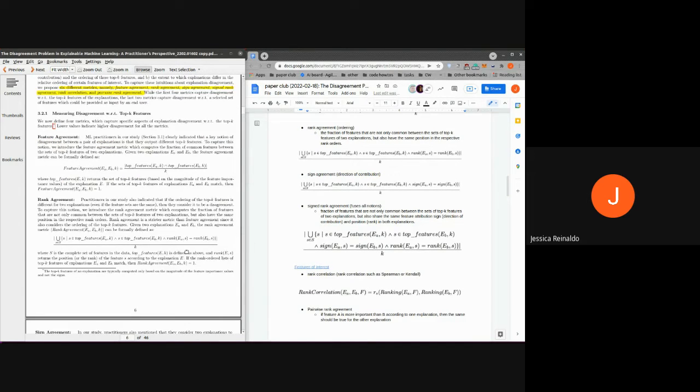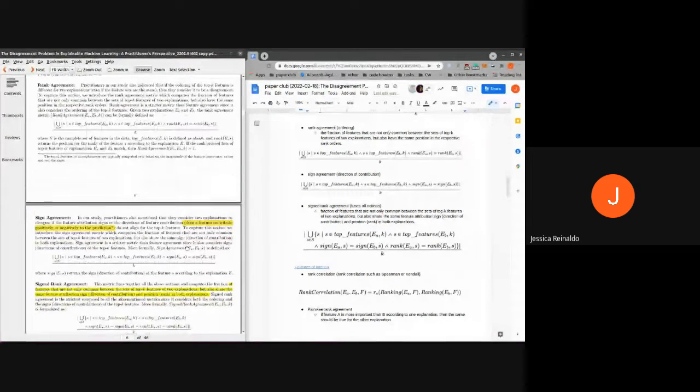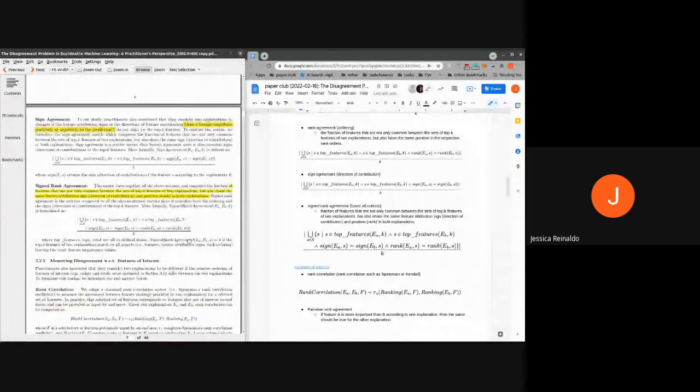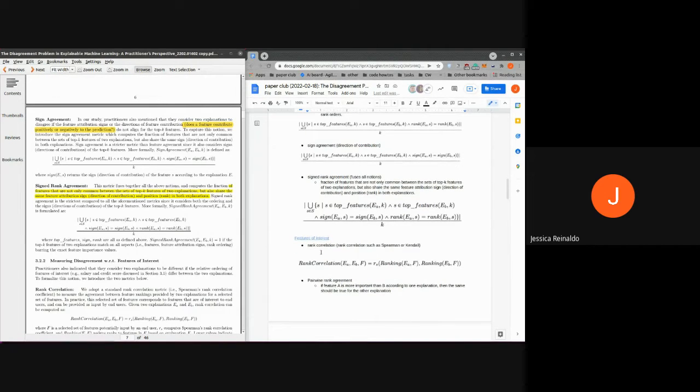Second, they go for features of interest, where the user could give a set of any features they want and calculate the disagreement of the explanations based on that. So the first one is the rank correlation. Here you can use a correlation based on ranks such as Spearman or Kendall.